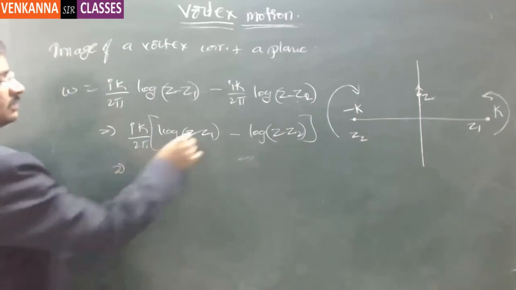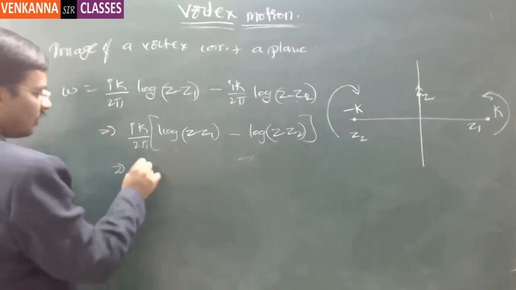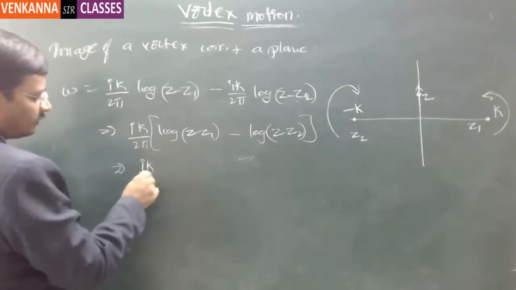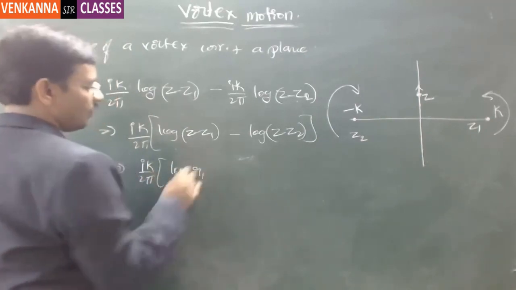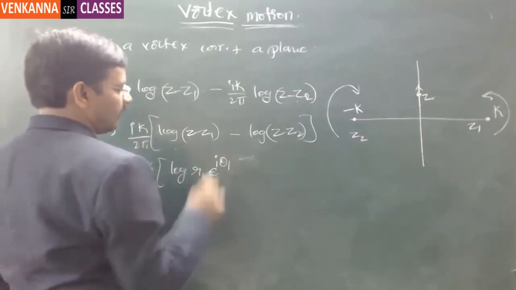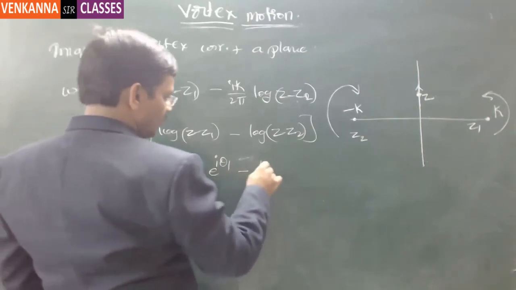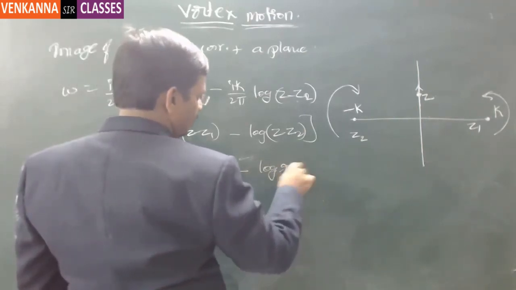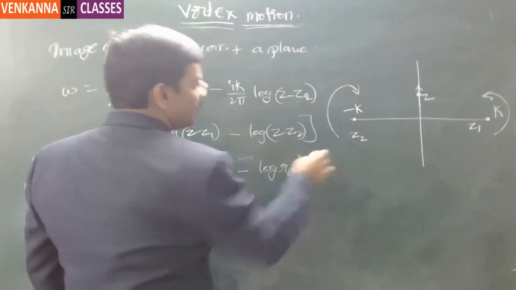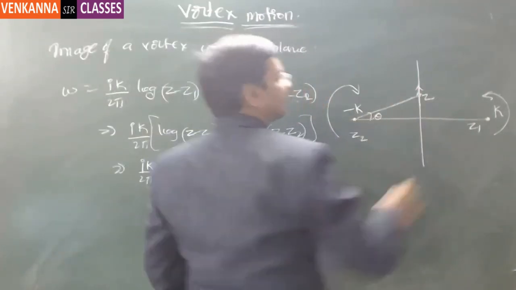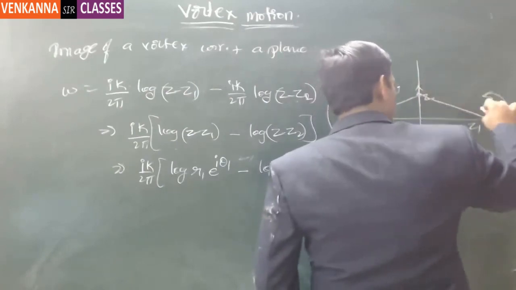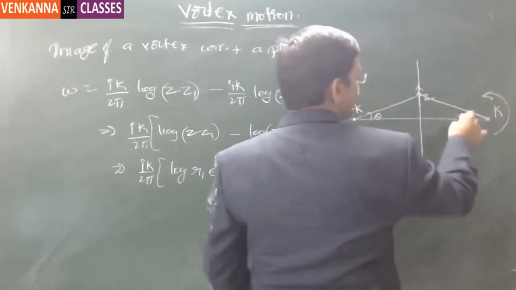Then you can model this as ik by 2 pi times log r1 e power i theta 1 minus log r2 e power i theta 2, where if you take this line, this angle will be theta. Got it?